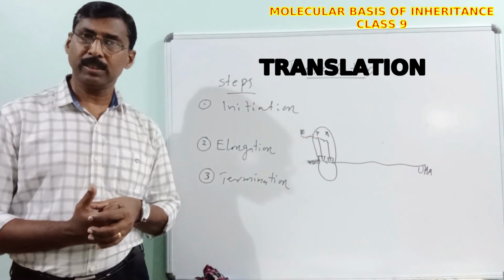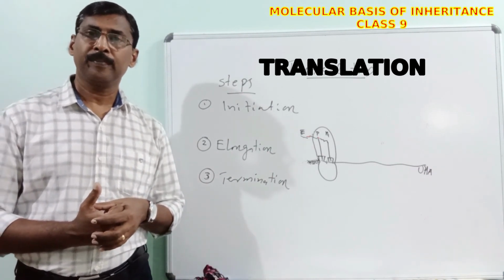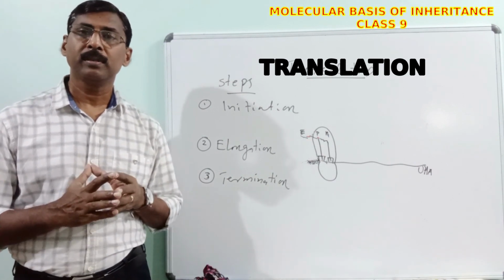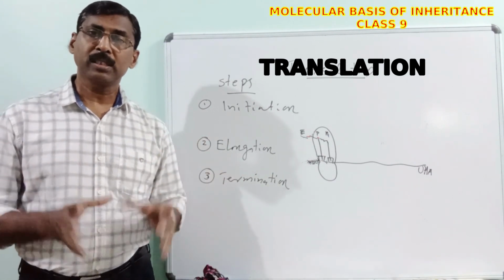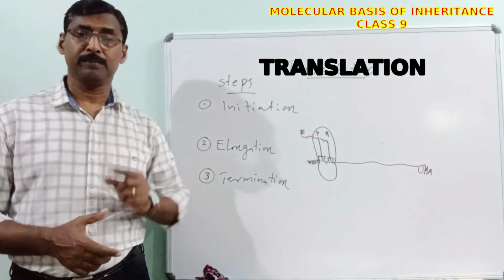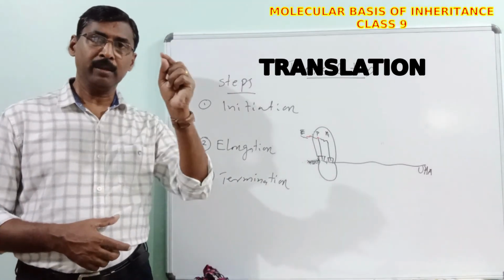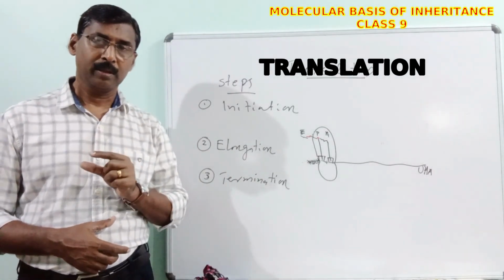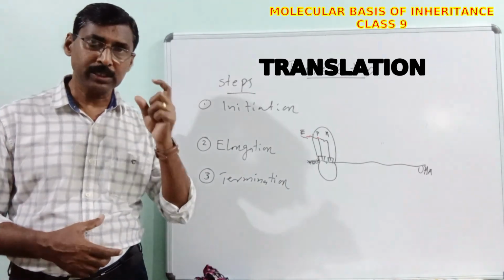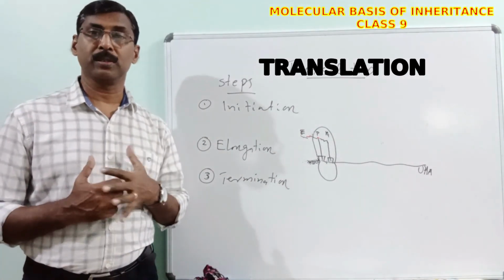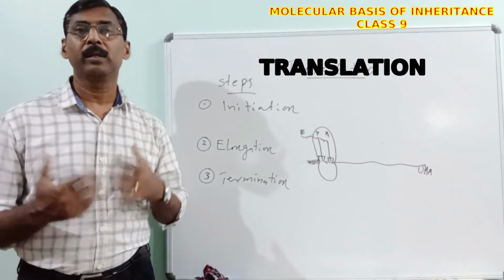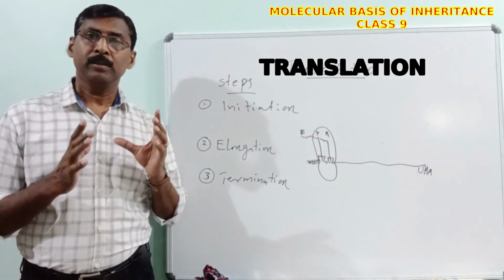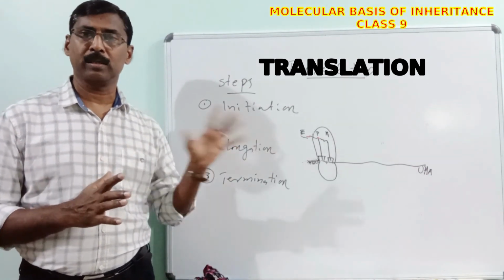So this is the content of the central dogma. This is how a gene, or a DNA segment, expresses a phenotypic character. So I hope you understood translation well.